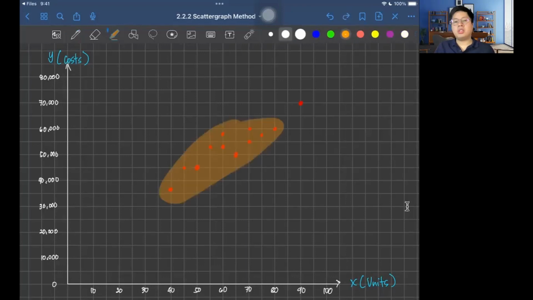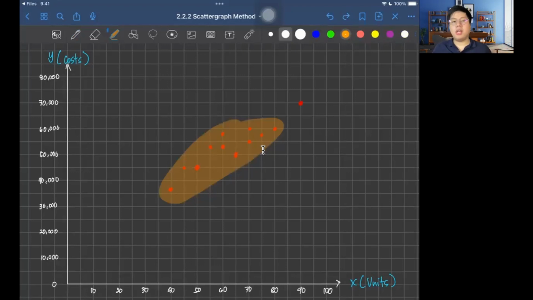If you notice here, the areas shaded in orange are called clusters. Then the next step is to draw a straight line in the middle of the plotted observations, following the depicted relationship between x and y, where the total difference of the points above is equal to the differences of the points below the line.